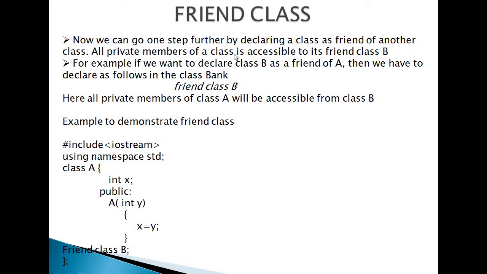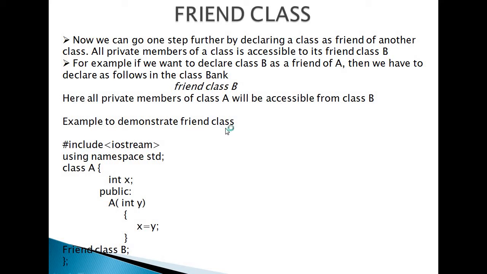Suppose class B is a friend of class A, then all private data members of class A will be accessible by the friend class B. For example, if we want to declare class B as a friend of class A, then we have to declare inside class A: friend class B. So here all private members of class A will be accessible from class B.